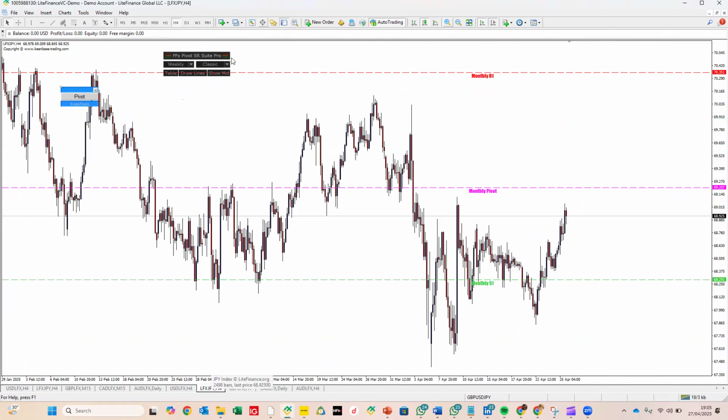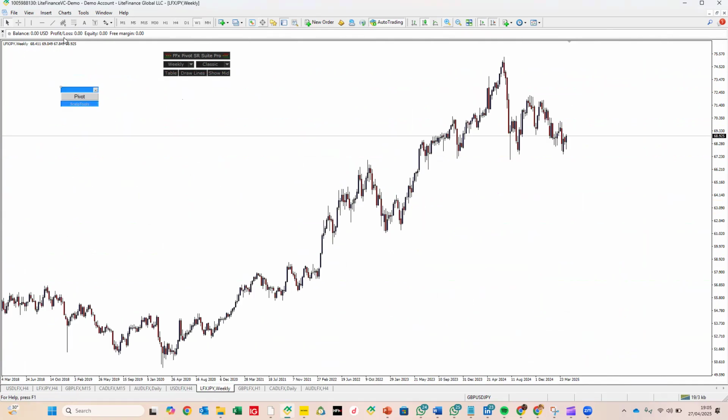For the yen index, we start from the weekly time frame as usual. We look at the key level that we have right here, and it looks as if we are going to be having price coming to test this support zone. Now, if you remember, the yen index is the inverse of every other one.